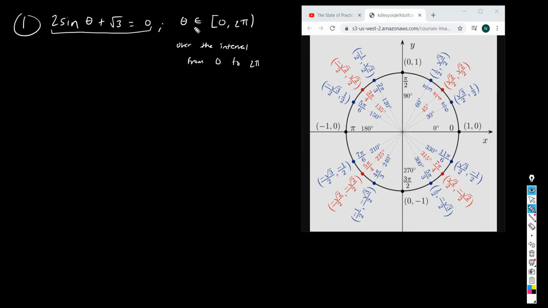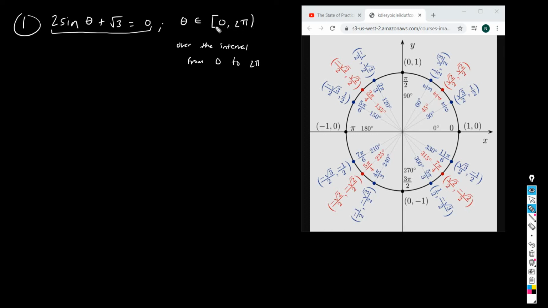So basically, this is asking that you should consider only solutions for theta that are within this interval of numbers from 0 to 2 pi.